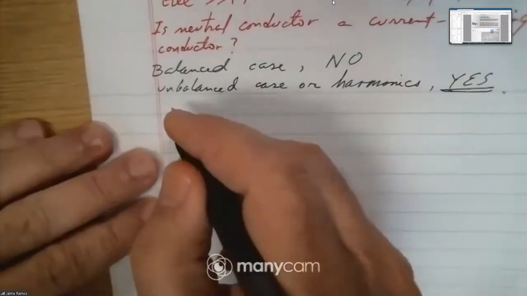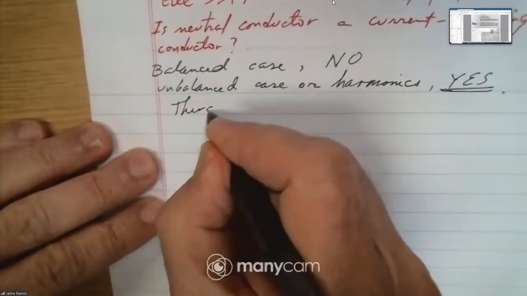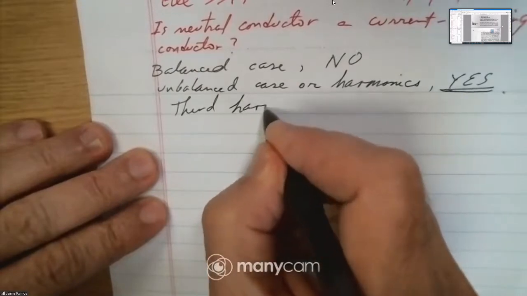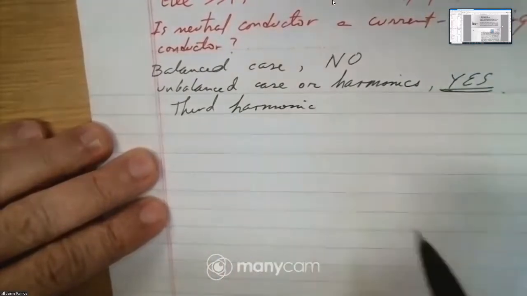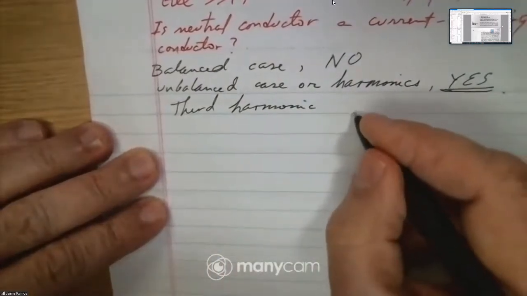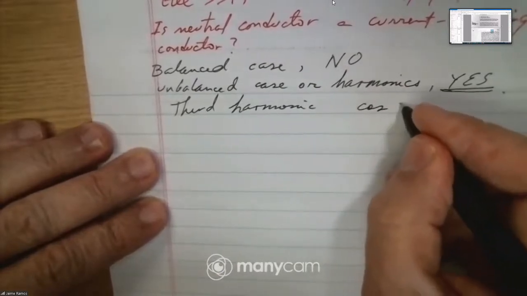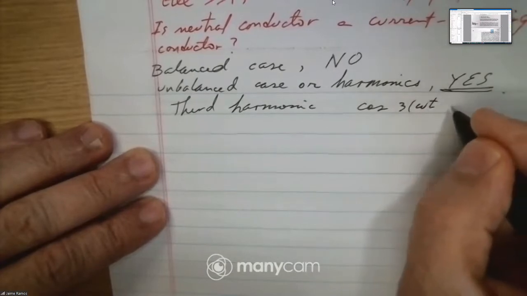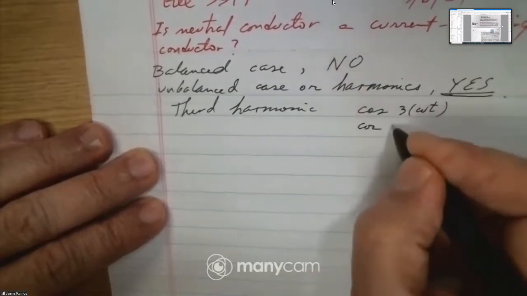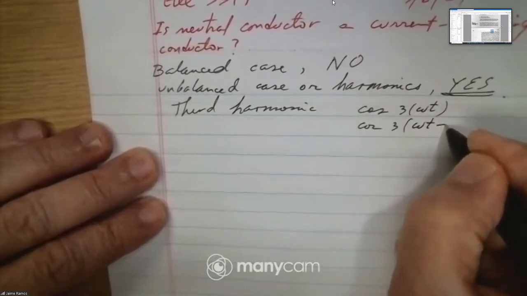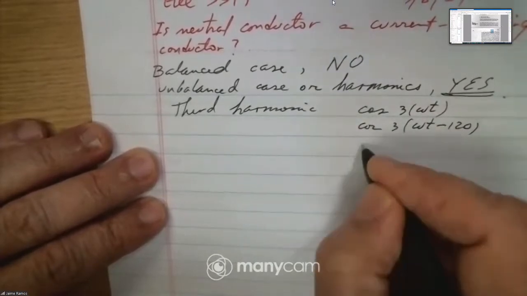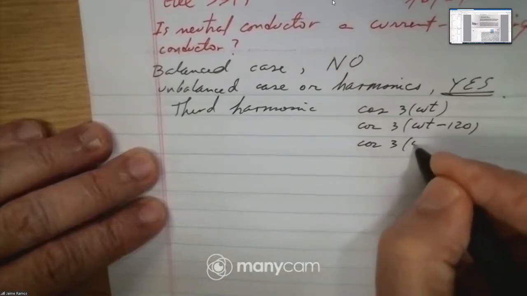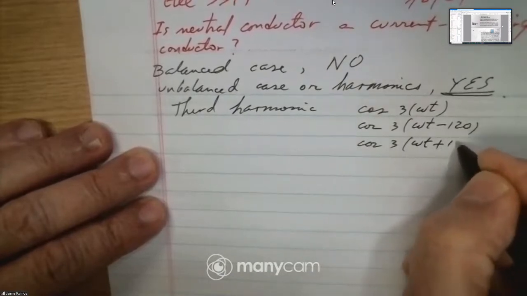The harmonic means the third harmonic. So we have, for example, cosine 3 omega t, that's the first phase. Cosine 3 omega t plus minus 120, cosine 3 omega t plus 120.